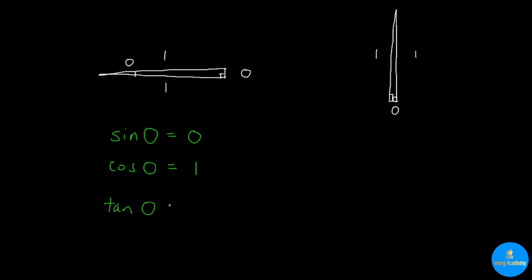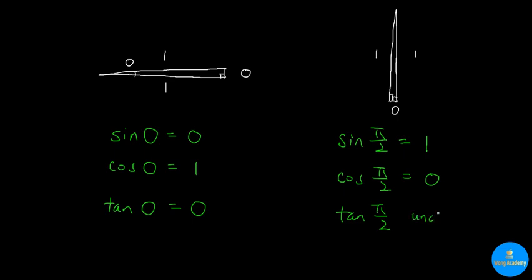Tangent of 0 is 0 over 1, which is 0. And sine pi over 2 is equal to 1 over 1, which is 1. Cosine pi over 2 is equal to 0 over 1, which is 0. As for tangent pi over 2, we will get 1 over 0, which is undefined.